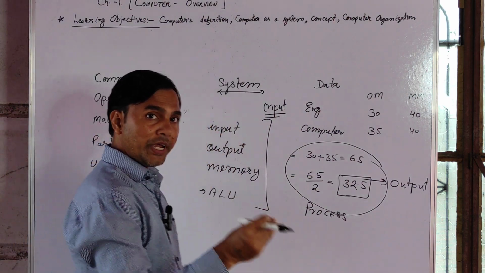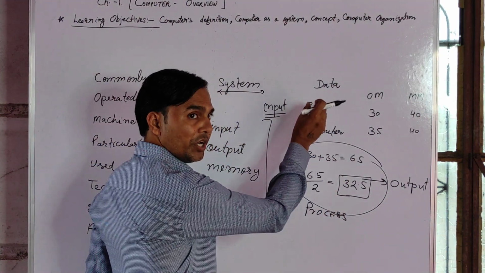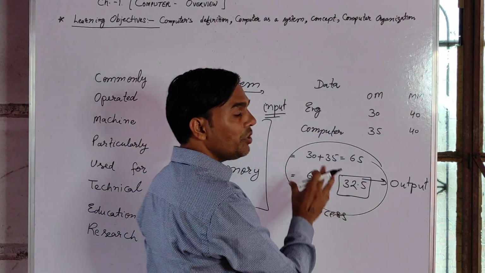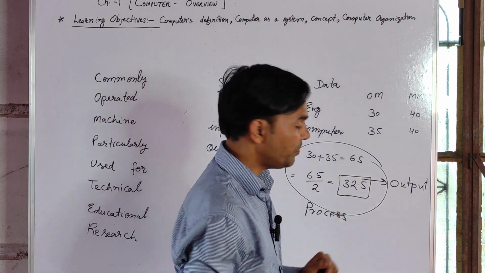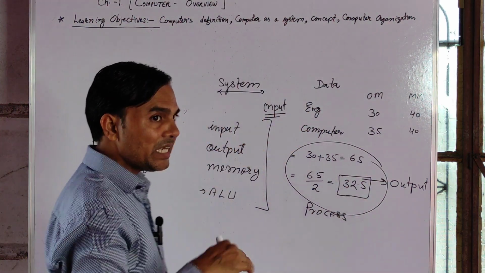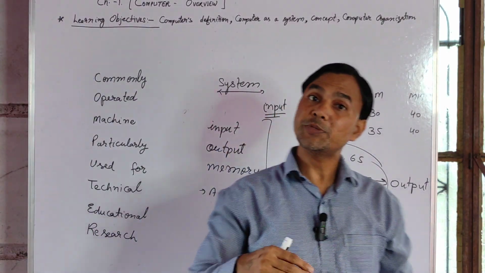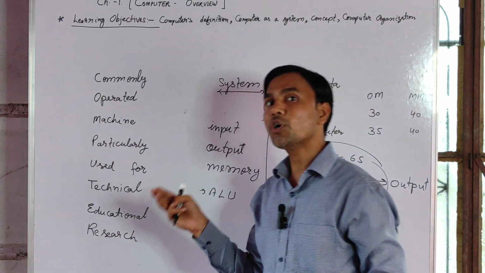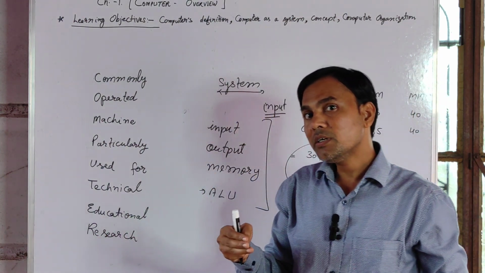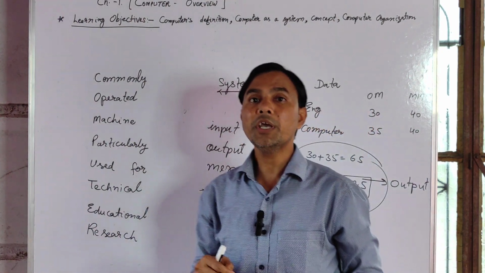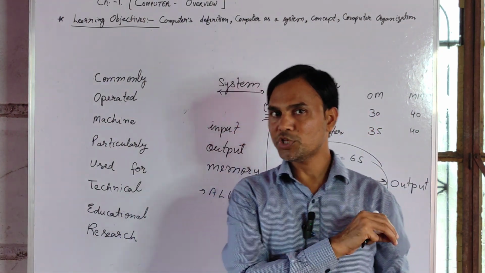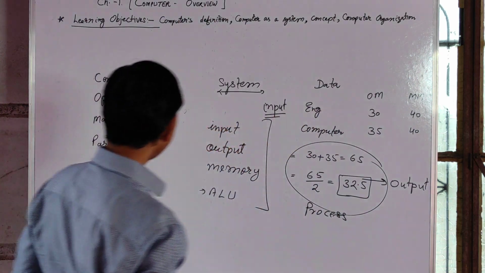So the raw facts and figures, which are called data, can be transformed into meaningful content, which is called information. So the machine which can easily convert the given data as per the given instructions into meaningful content is a computer. Or you can say in a very simple way, computer is a data processing device.